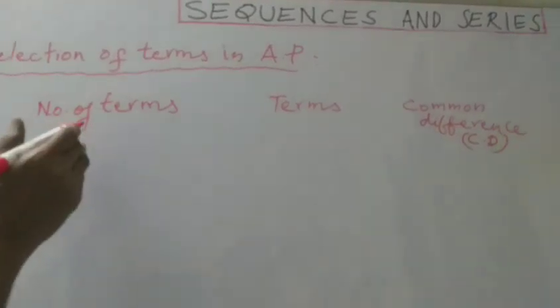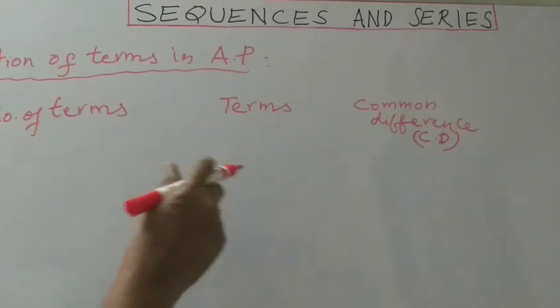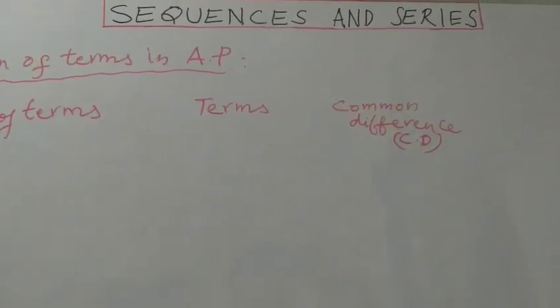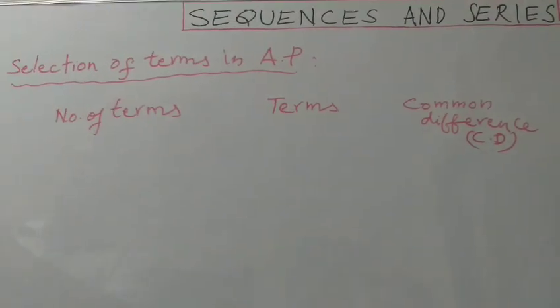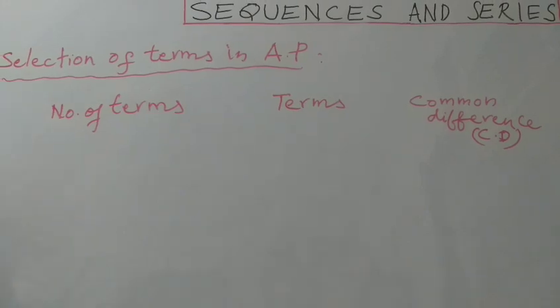Serial number, number of terms, common difference of this arithmetic progression. Selection of terms. Now we are going to learn one by one.